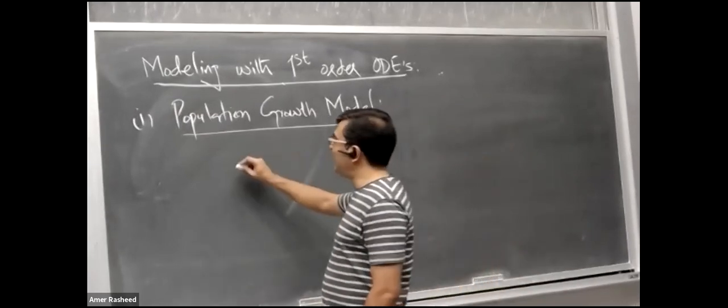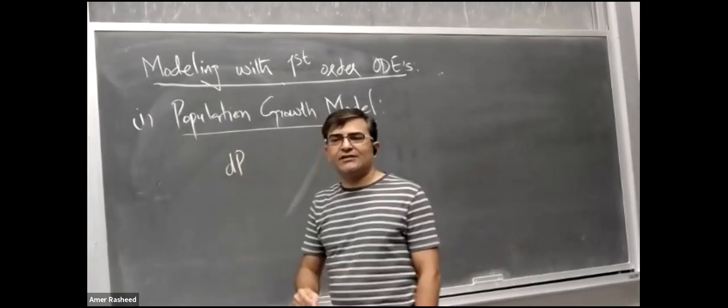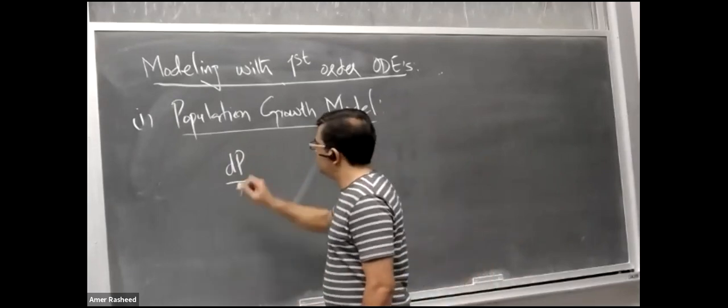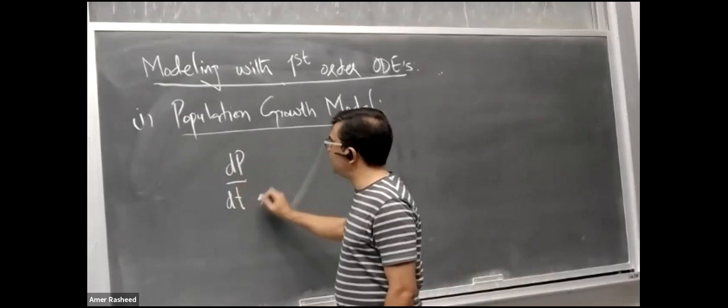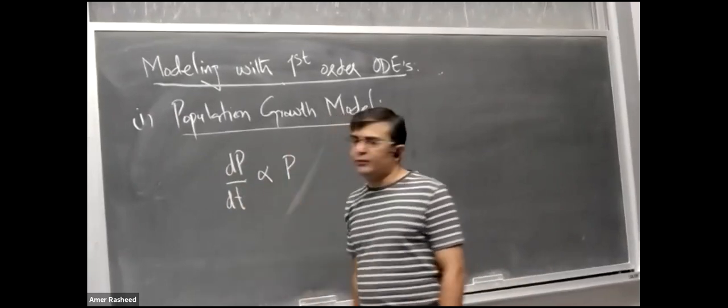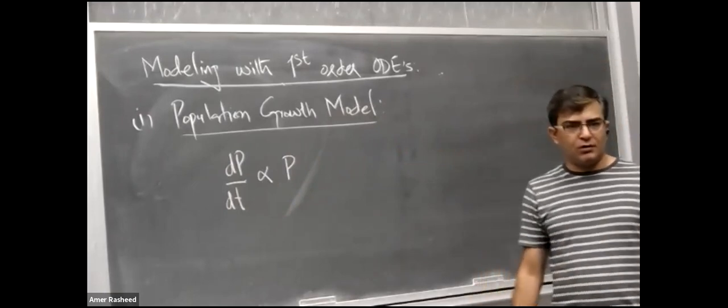In that case, we say that the rate of change of population of a certain thing is proportional to the current population. Okay, this is the very basic population growth model.